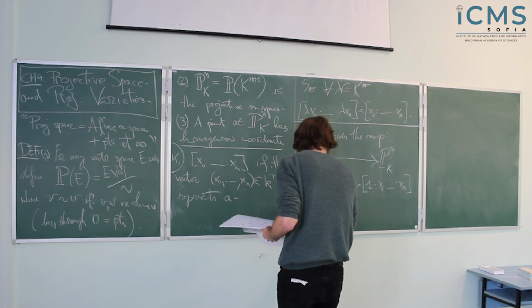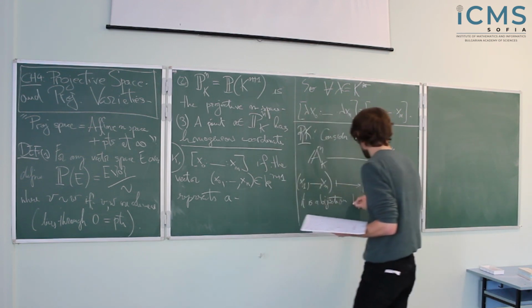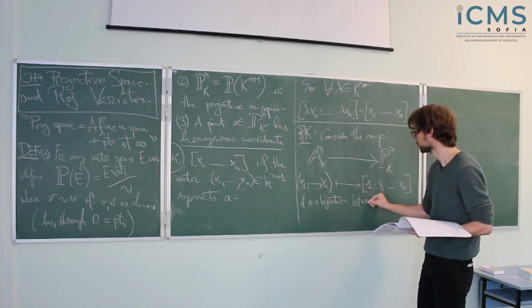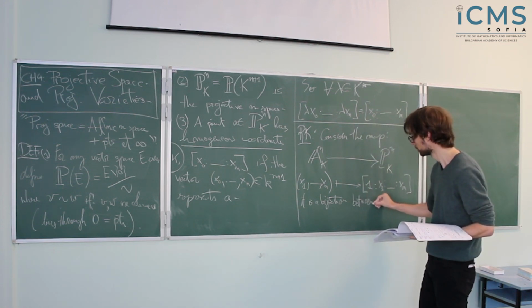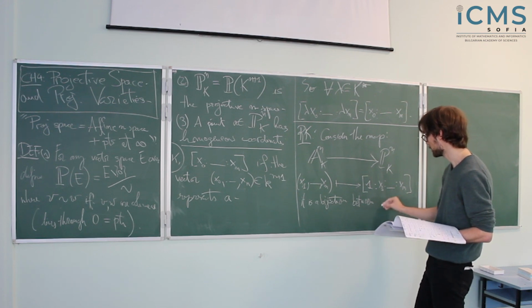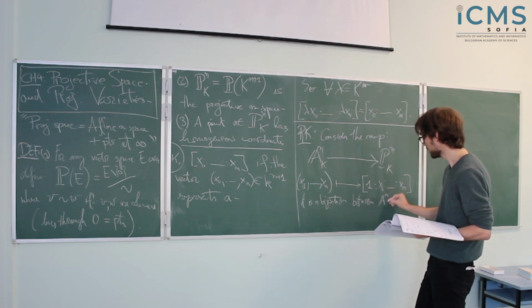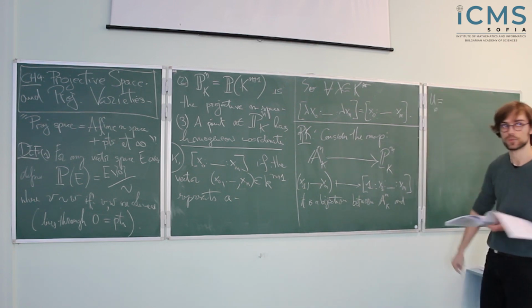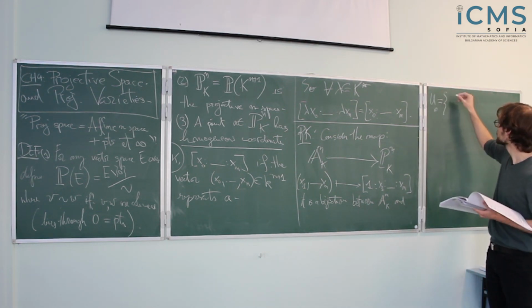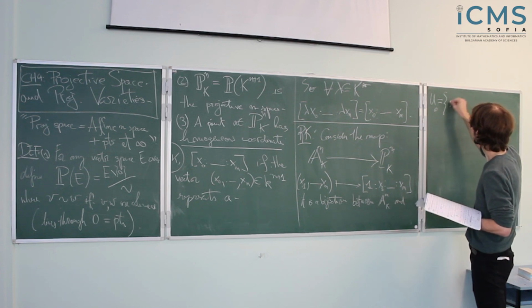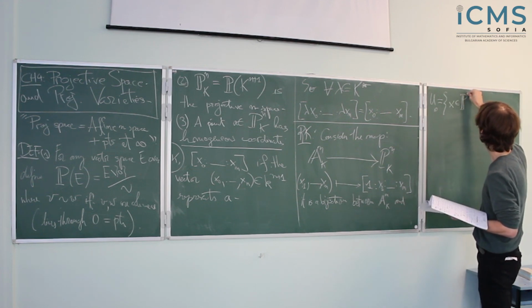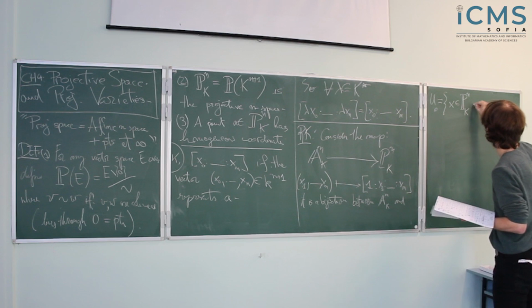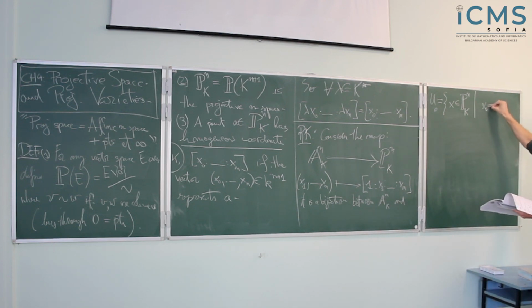It is a bijection between A^n(K) and, let's define what's going to be its image, U0, which is, I will start to abbreviate now, the points x like this.